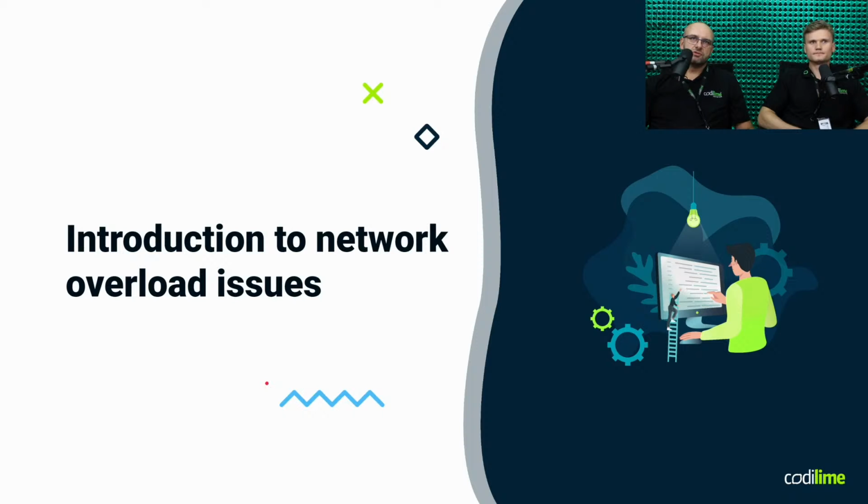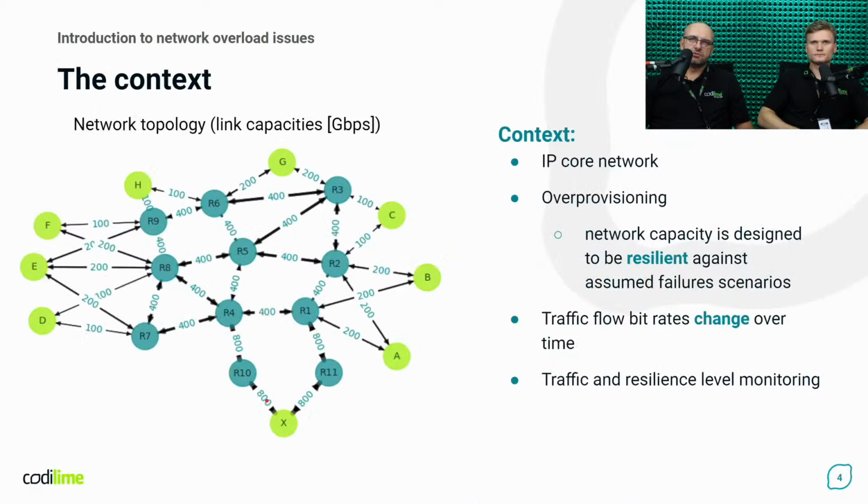So, introduction to network overload issues. Let us explain such an issue in the context of an IP core network that consists of the core routers, marked dark green on this slide and denoted by the labels R1 to R11.